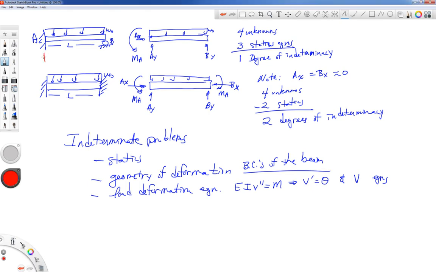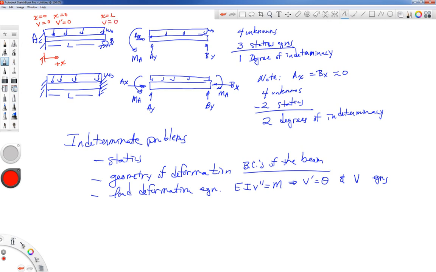So if I have my coordinate system that starts on the left side and goes to the right, in the top problem at position A, I would say at x equal to 0, v is equal to 0, and x equal to 0, v prime, which is the slope, is equal to 0. Over here at the roller, I would say x equal to L, v is equal to 0.